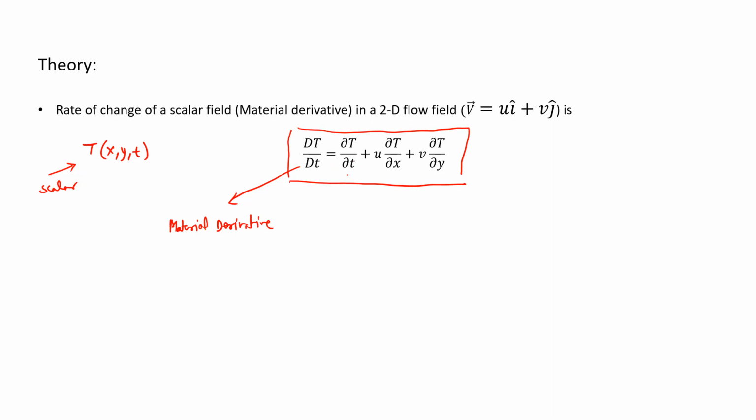And it has two components. This component is the partial derivative of the scalar T with respect to time and is called the local term.